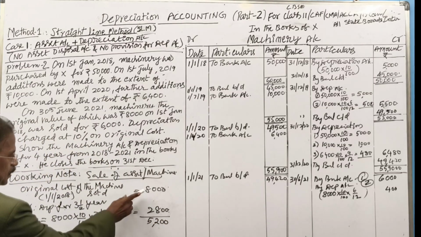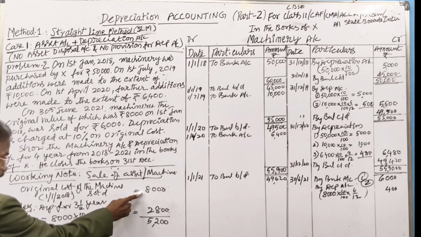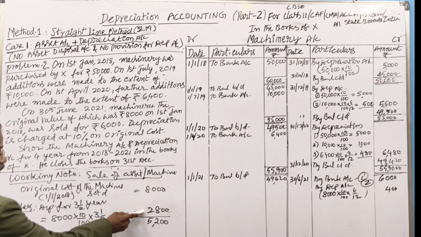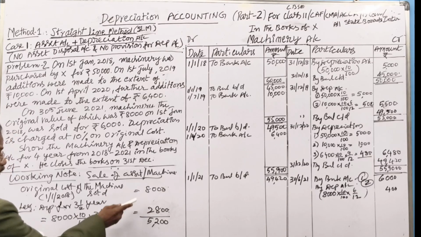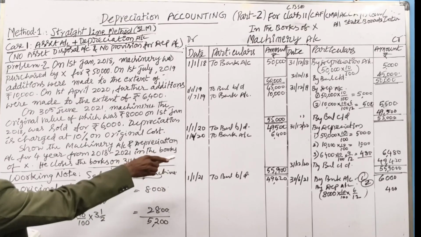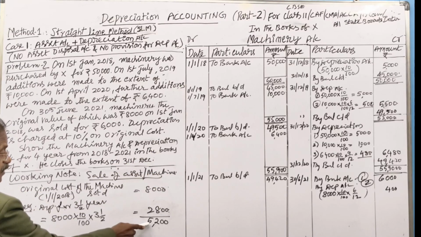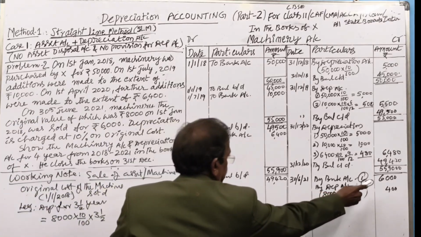5,200. Look, this is the 8,000 original cost. Now, the depreciation up to the date of sale is 2,800. So, the remaining balance which is continuing in the machine is 5,200. Out of this we have received 6,000.